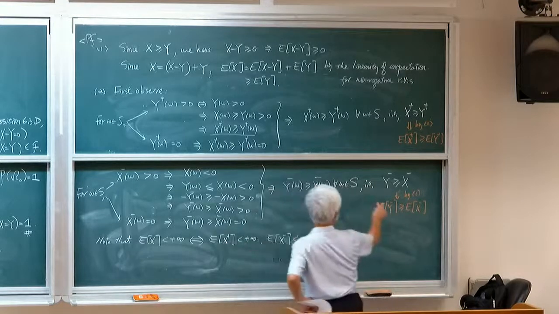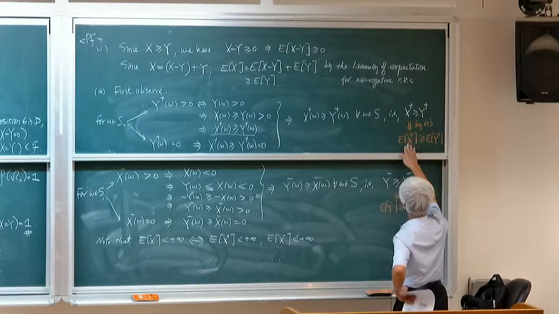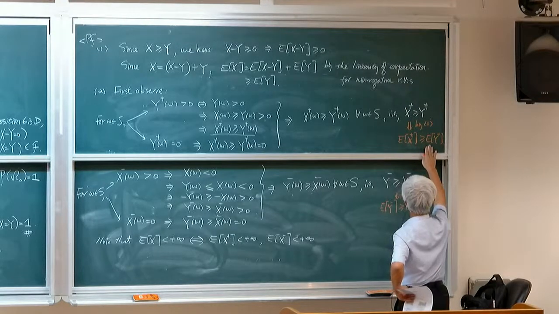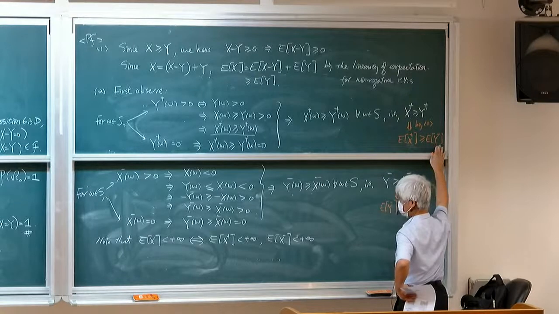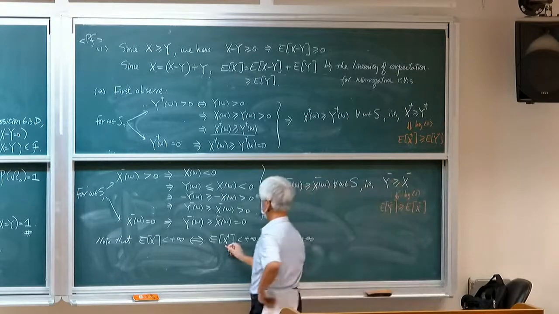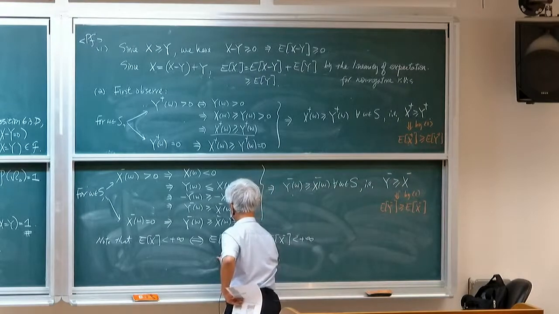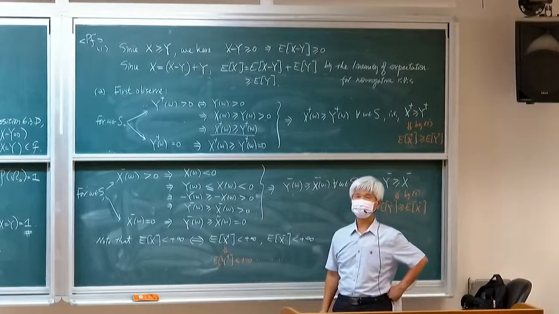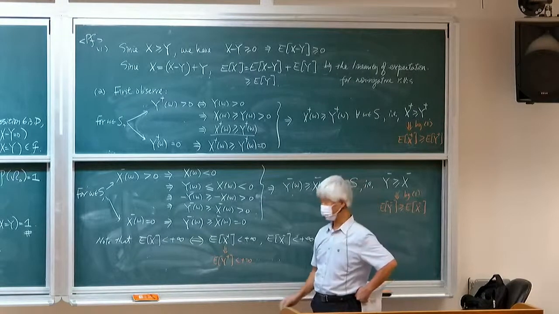And from here, because the expectation of the positive part of X is greater than the expectation of the positive part of Y, this implies the expectation of Y plus is finite. Right? It's finite.